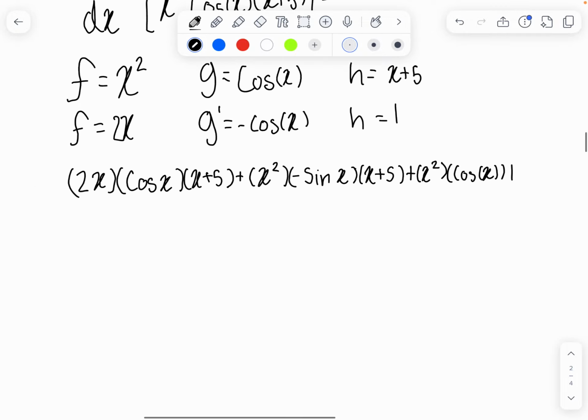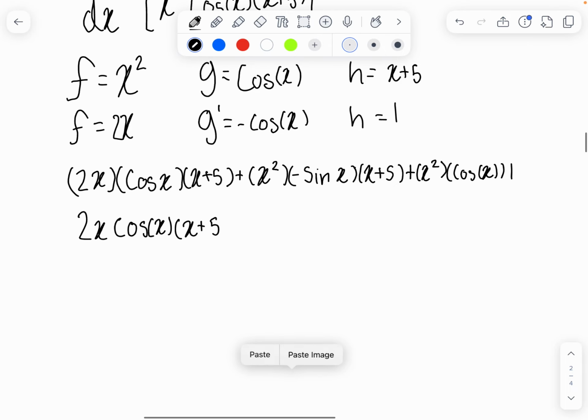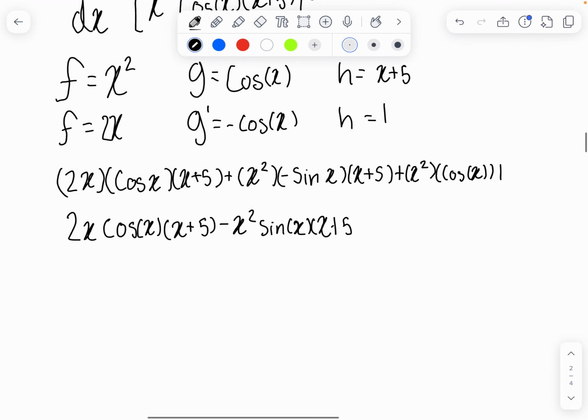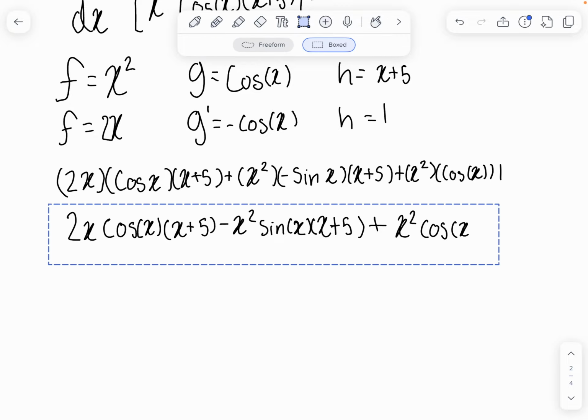And simplifying everything, we get 2x cos... and this is our answer.